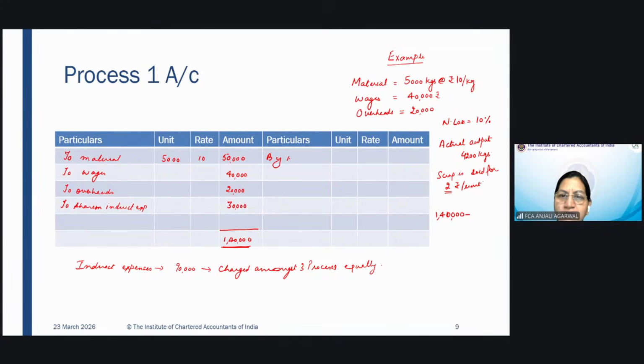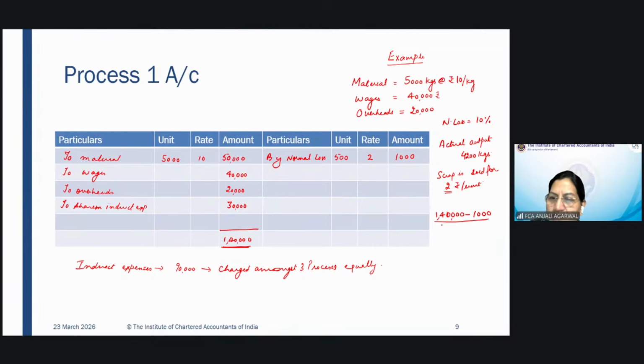So how many units should be normal loss? 10% of 5,000 kgs is 500. They will be sold at the rate of 2 rupee per kg. So 1,000 will be realized from sale of normal loss. So the total cost to be borne by good units is 1,39,000.